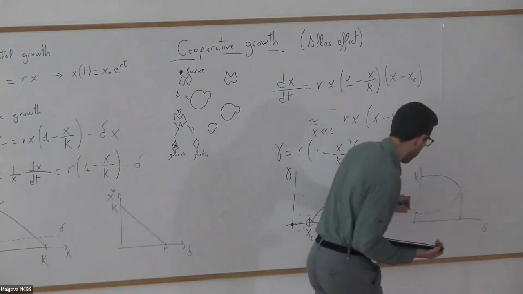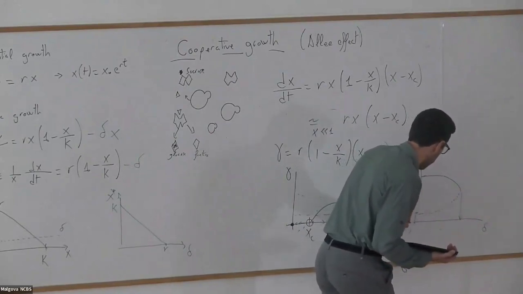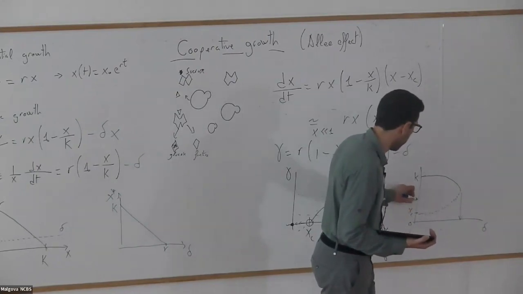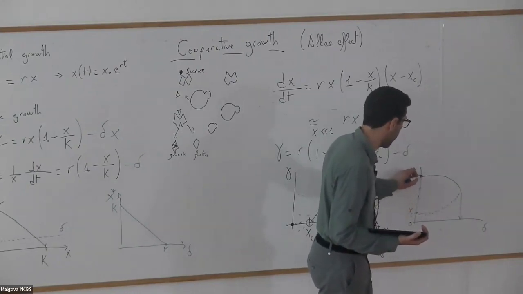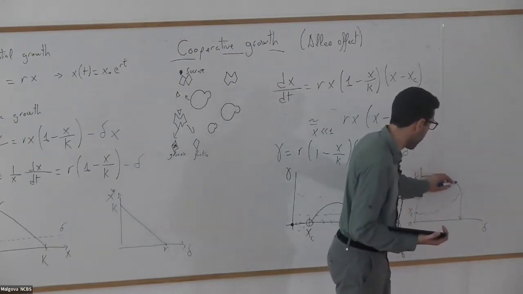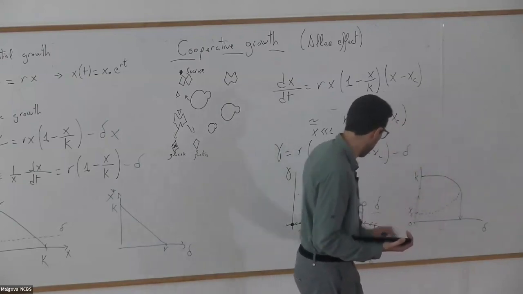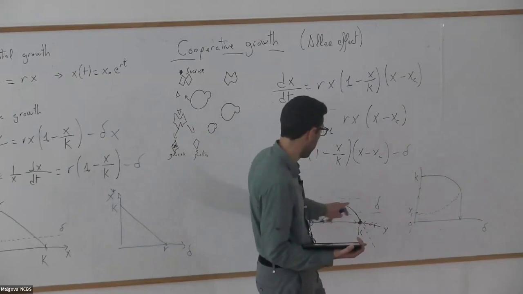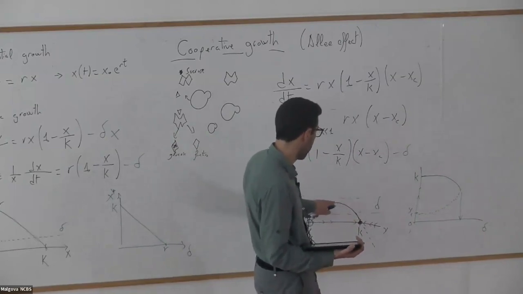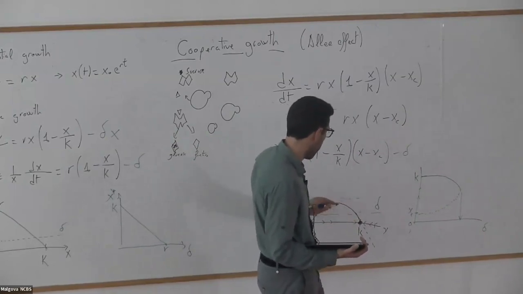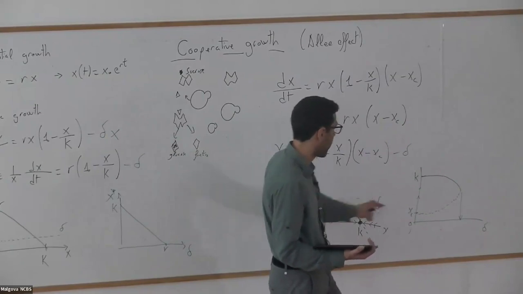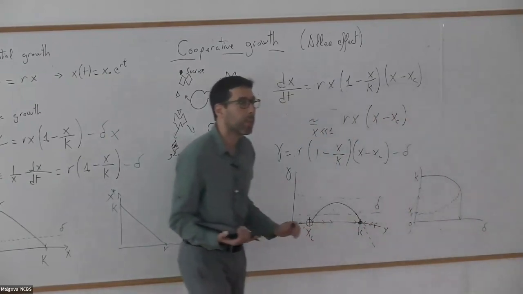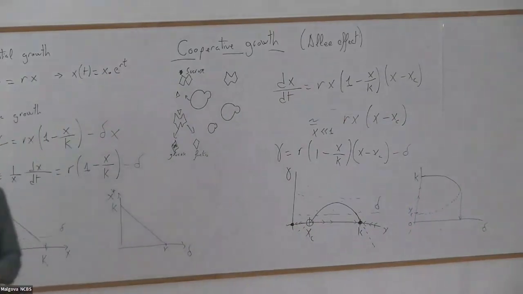So here above the critical threshold, the population reaches the stable state. There is an unstable state that is also changing. And at the moment in which we add a death rate that is exactly at the critical point, then the population will die and it will not be able to recover.